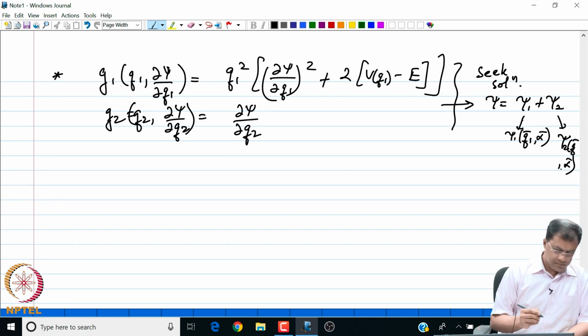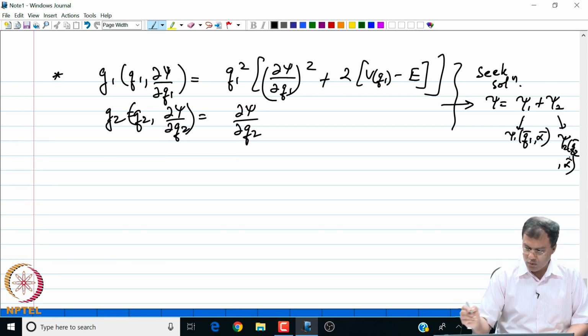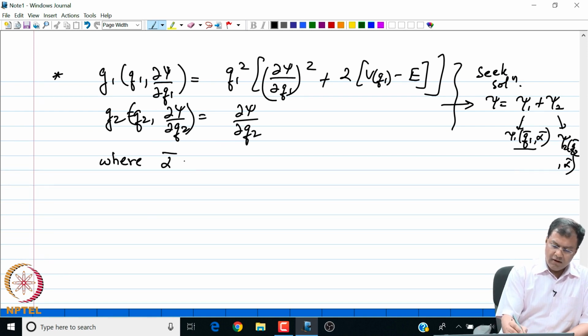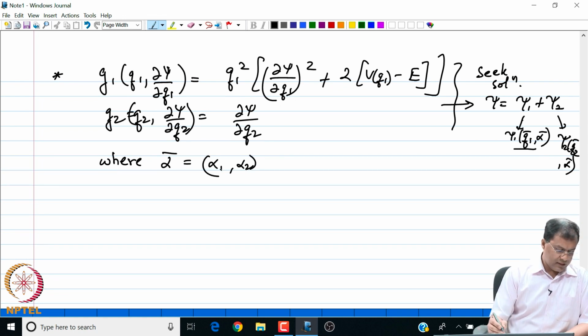Okay. So, this is q1 and this is q2. Where alpha bar is alpha 1, alpha 2, these are my constant vectors. So, these are my constants.